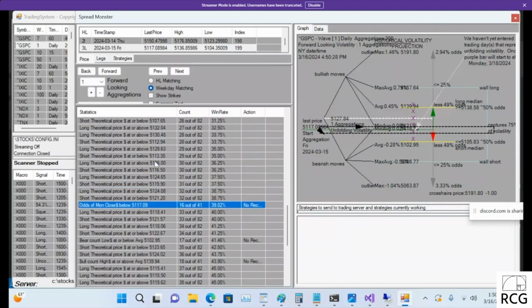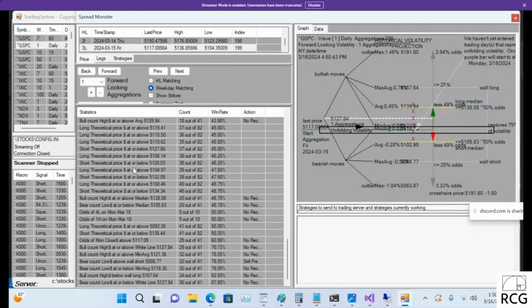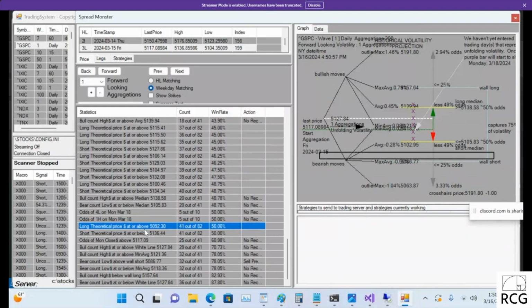Let's see, odds of Monday close below. Yeah, if not, I can add them. I can't remember if I got them in. Let's see. Long theoretical price at or above 50.92.